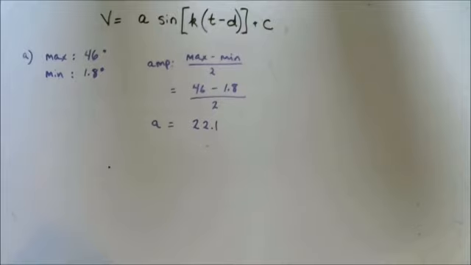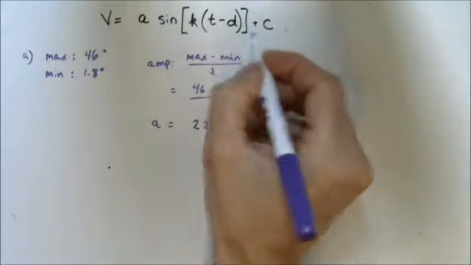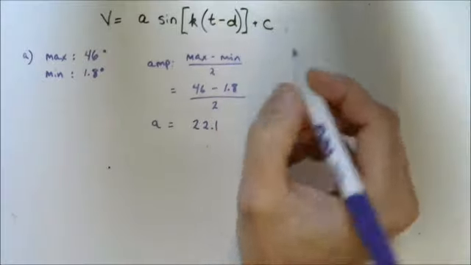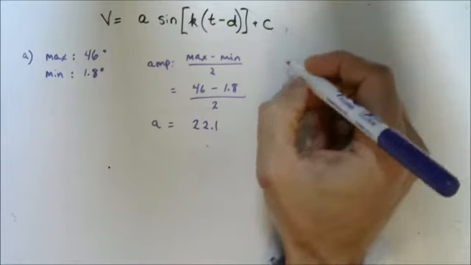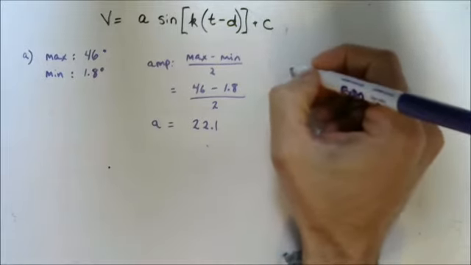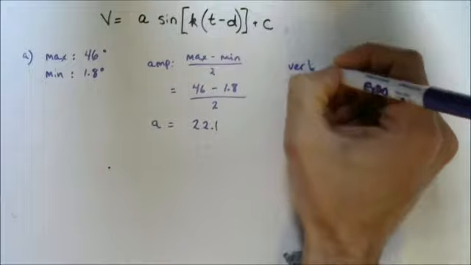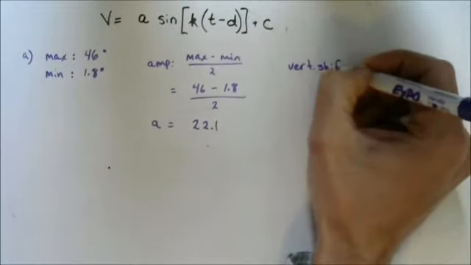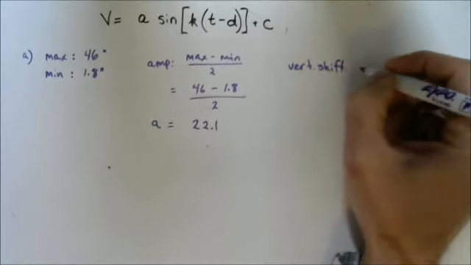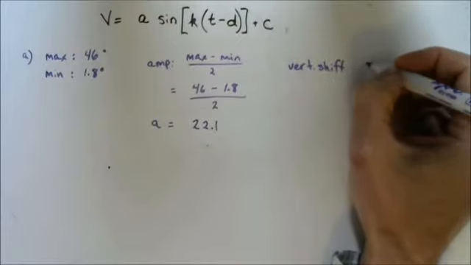What else do we have here? We can talk about the vertical shift. We're going to find our new rest, which is going to give us the value of C. Our vertical shift is finding the average of the max and the min.